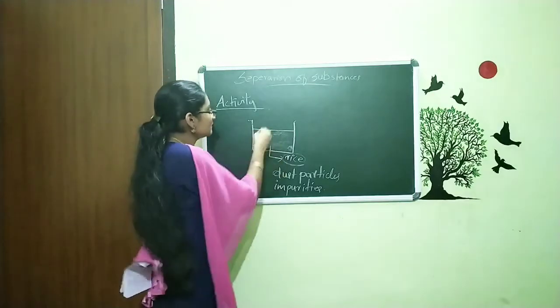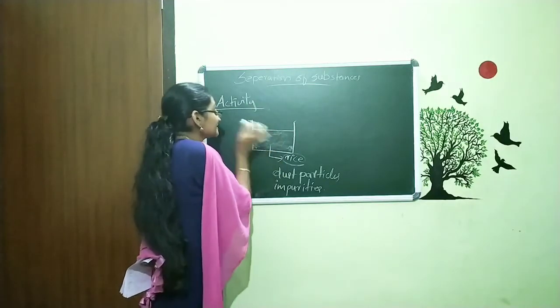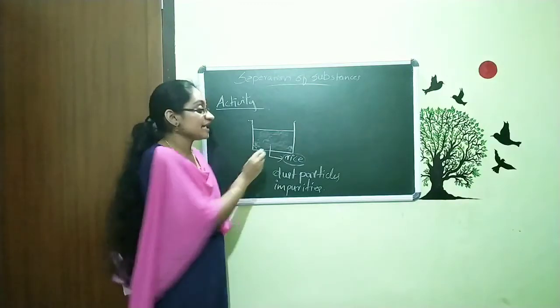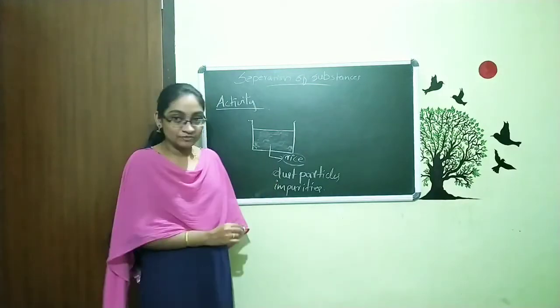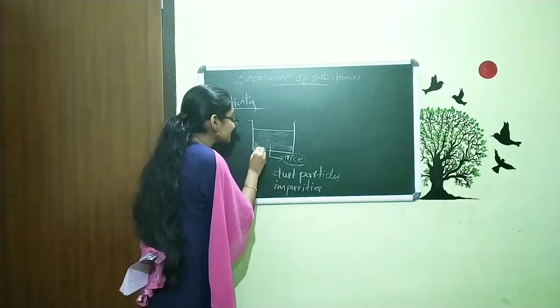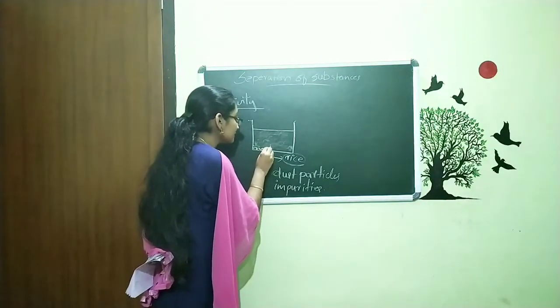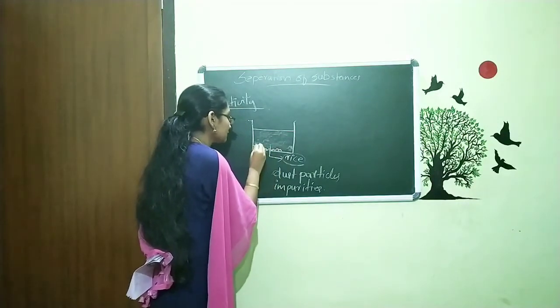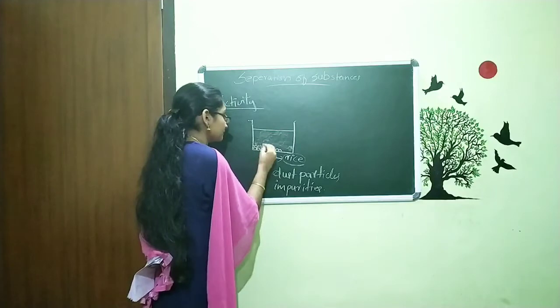When we put the rice in water, rice is a little heavier than the dust particles and the impurities. Because it is heavier, these rice particles will go to the bottom.